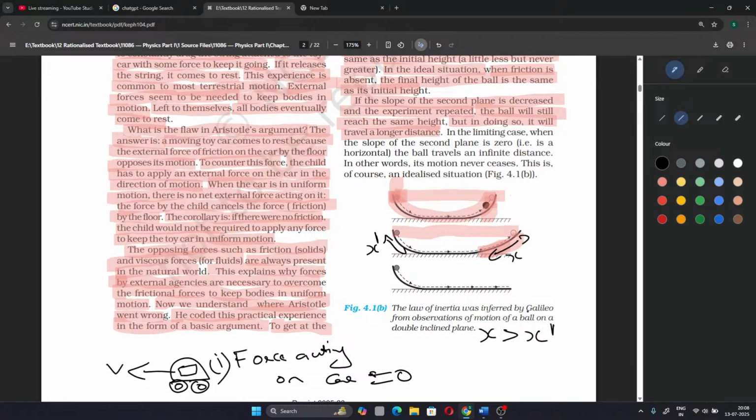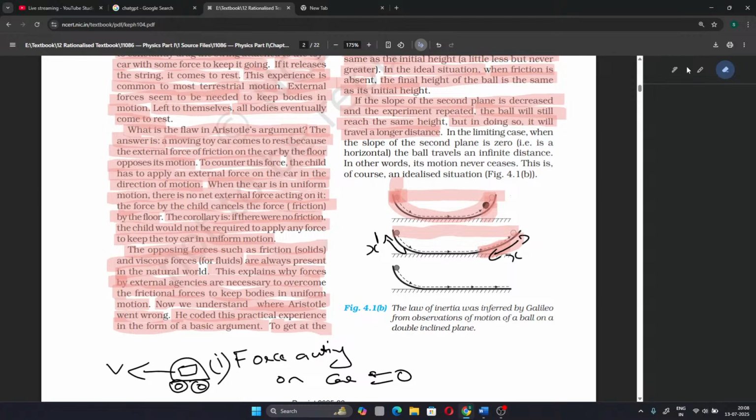That is what they are saying here. In doing so, it will travel a longer distance. In the limiting case, when the slope of the second plane is 0, that is, horizontal, the ball travels an infinite distance.